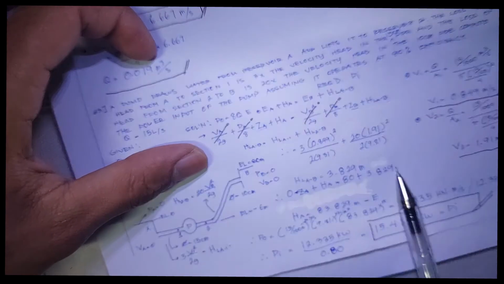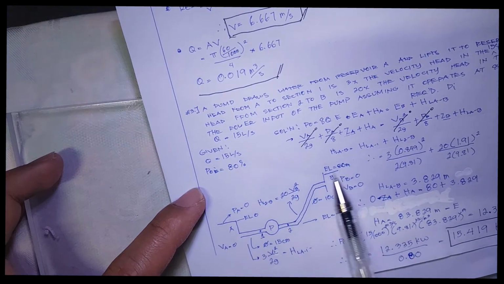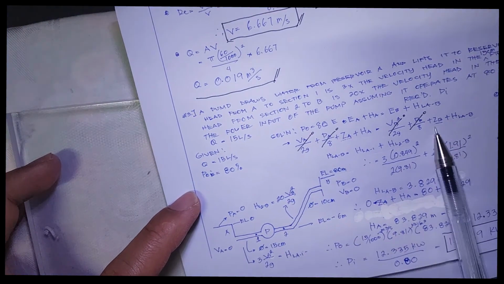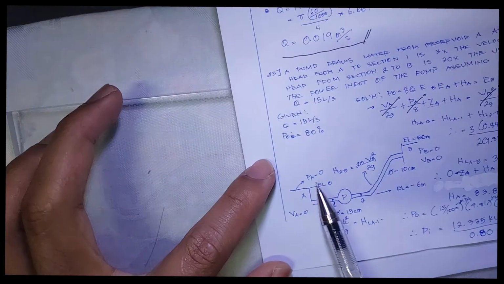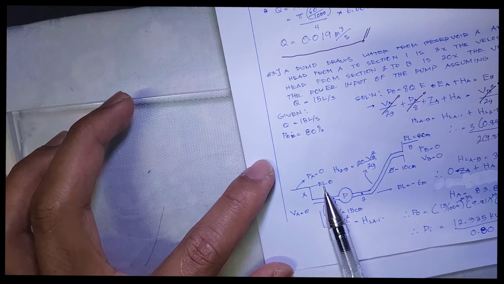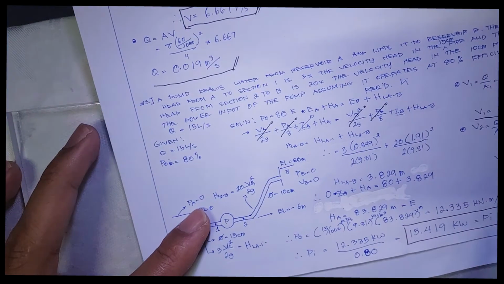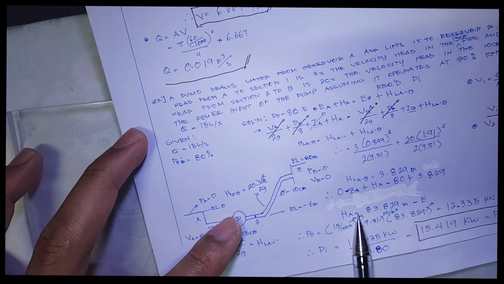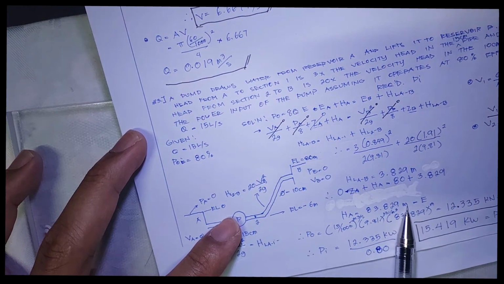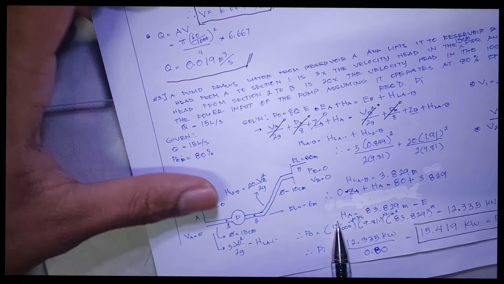We got 80 as the elevation at B, ZB. So the elevation at ZB is 80, and ZA is 0 because the elevation at A is 0, so that cancels out. So we have 80 plus 3.829, and the value of HA is equivalent to 83.829 meters.